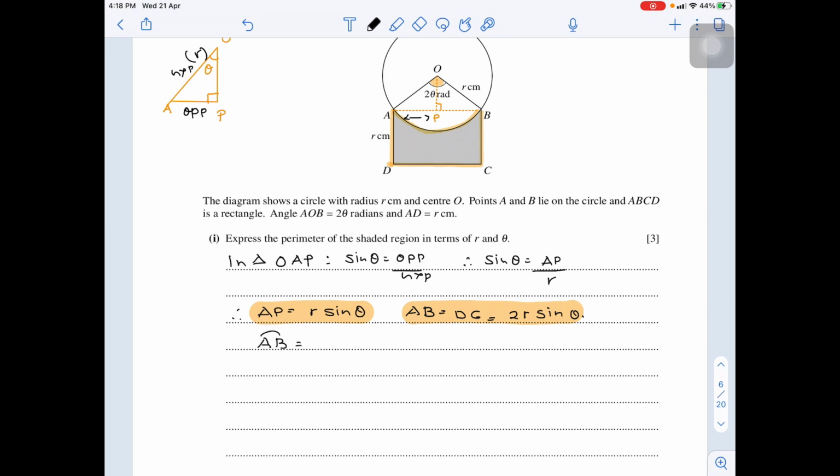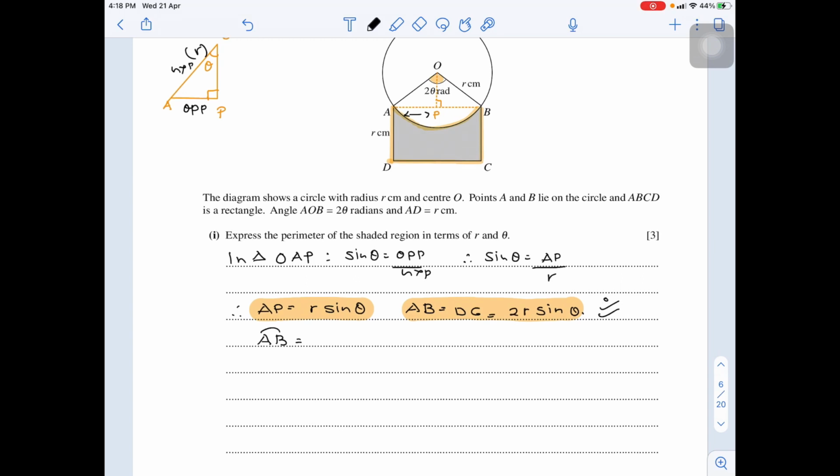Next one, we need arc length AB. Why did we calculate this part first of all? Because we needed that. Then we know this is r, and we need the arc length. So now we are calculating arc length.